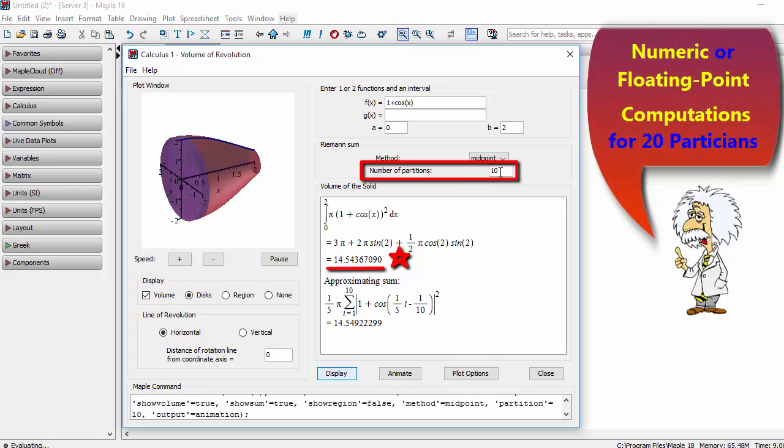Again, by increasing the number of partitions, disks, for this volume, for example, for 20 partitions, disks, we can obtain the following amounts.